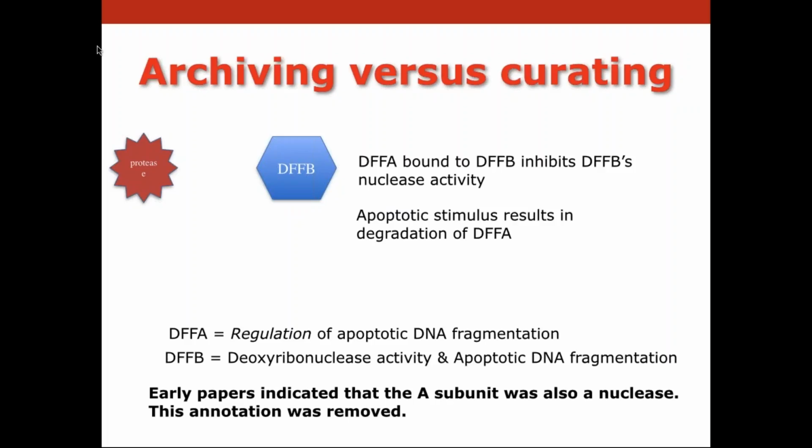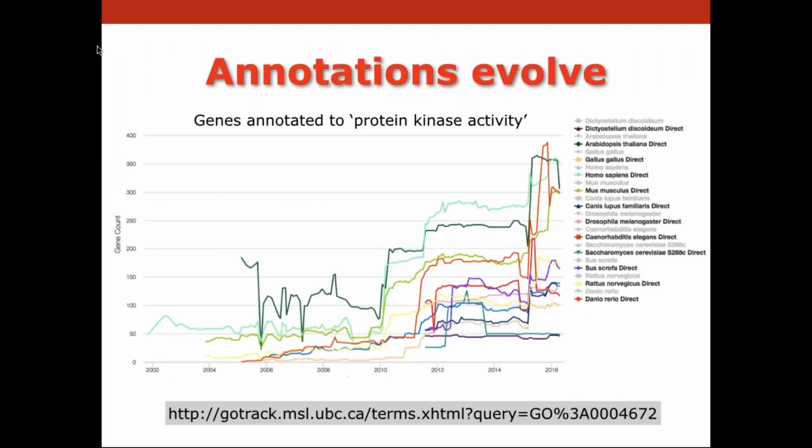The way they did the experiment, they didn't have the resolution to determine that there were two subunits there. So the idea is to remove the incorrect annotation to make sure that the knowledge is kept up to date.